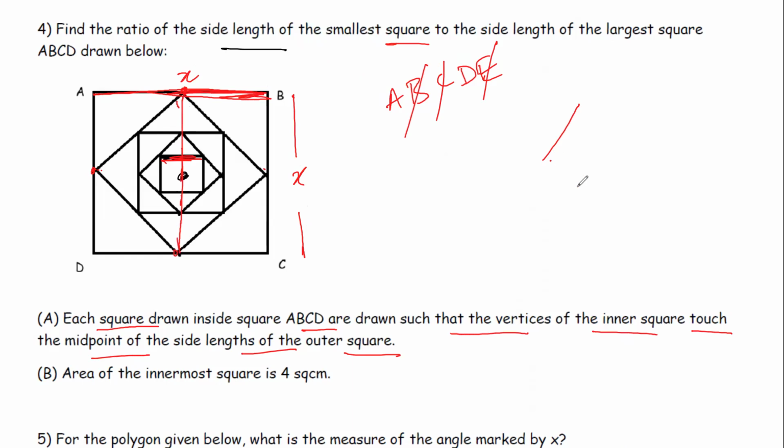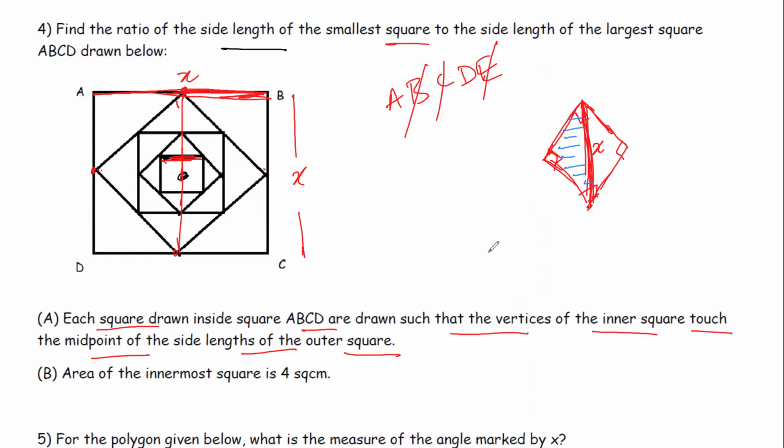Now, the inner square is a square, so all angles are 90 degrees. So this is forming a right isosceles triangle, this half. I'll just shade it blue. So this blue portion is a right isosceles triangle.